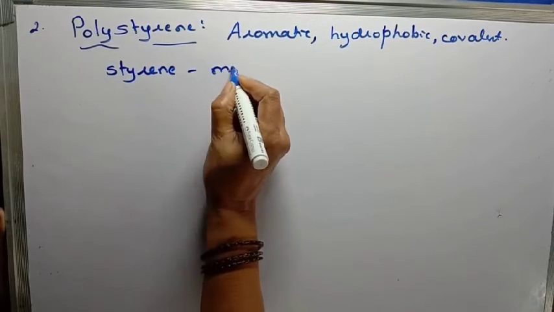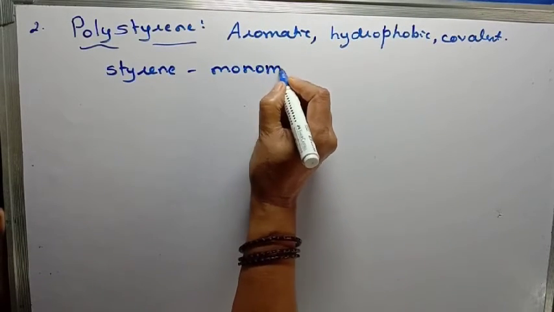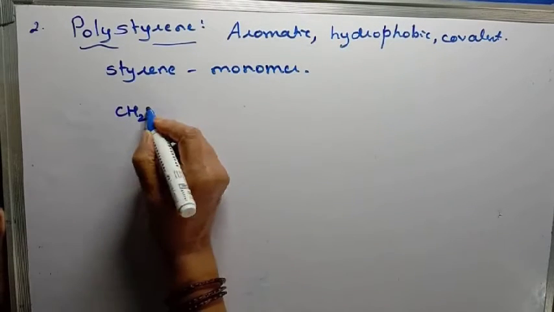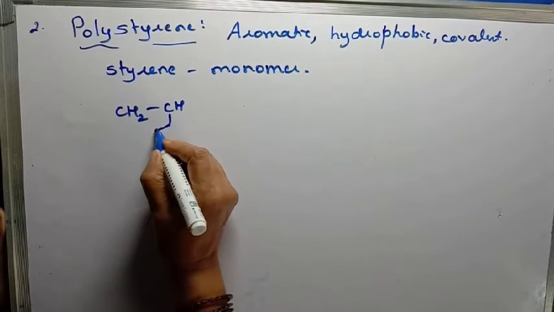So the structure of styrene is CH2=CH with a benzene ring.